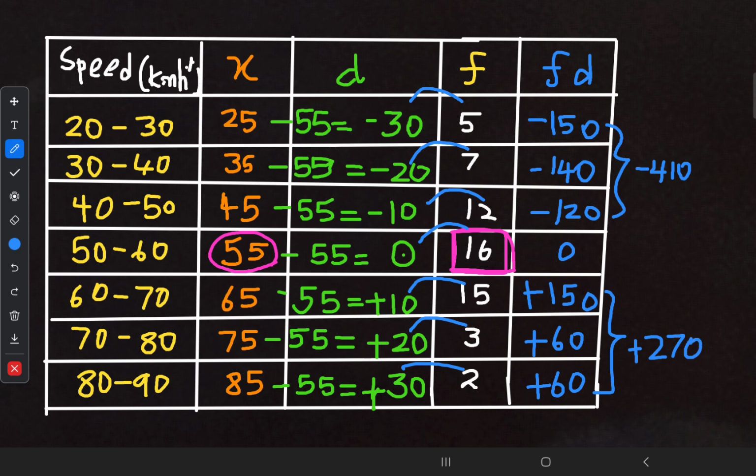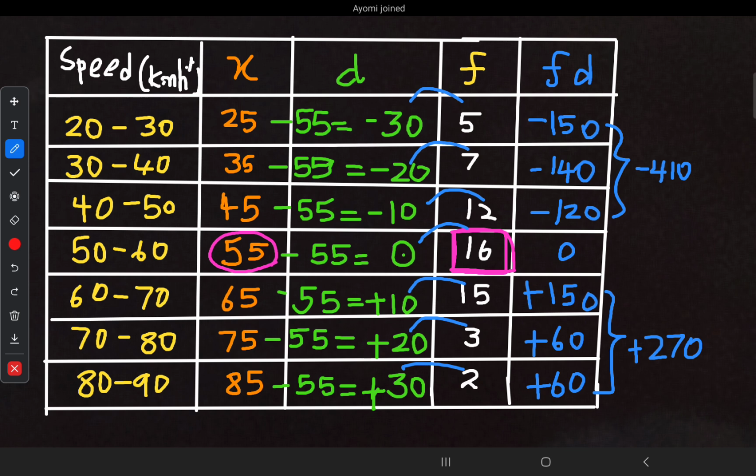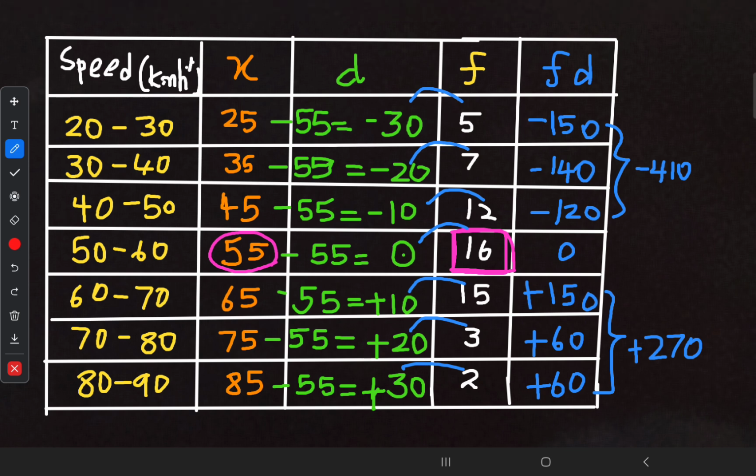What is the formula which we need to use to find the actual mean in assumed mean instances? The formula we have to use is mean equals A plus sigma FD upon sigma F. A is our assumed mean.